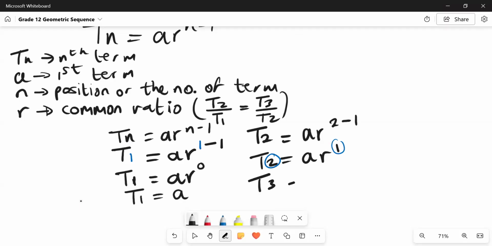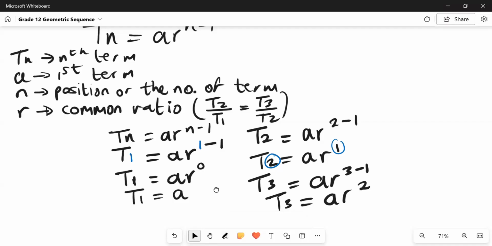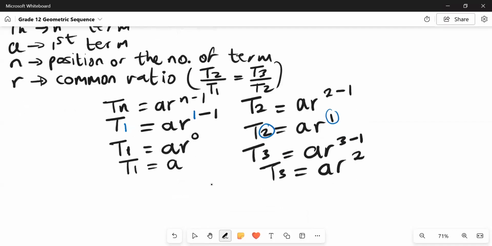Even T3, you have A R^(3-1), which will give us A R squared. Now, one would say, okay, but let's try and express T100. That's not a problem. T100 would be A R^99. I hope it makes sense.